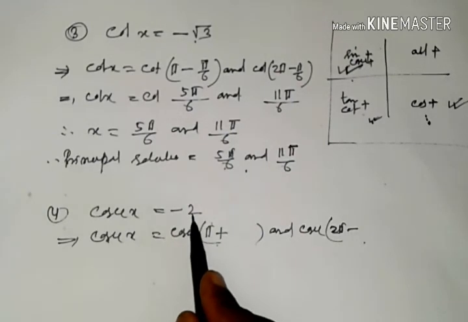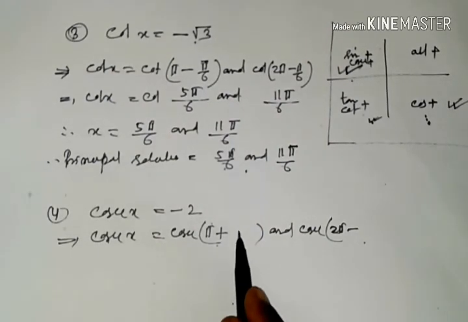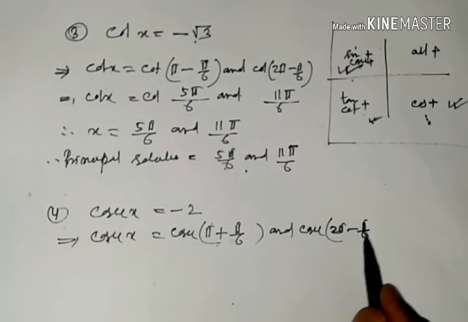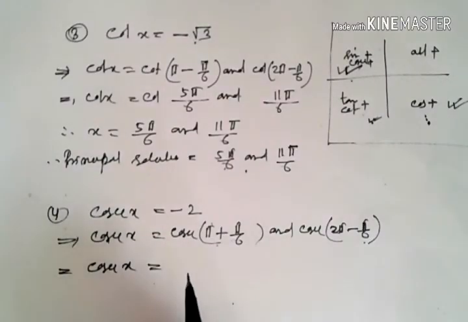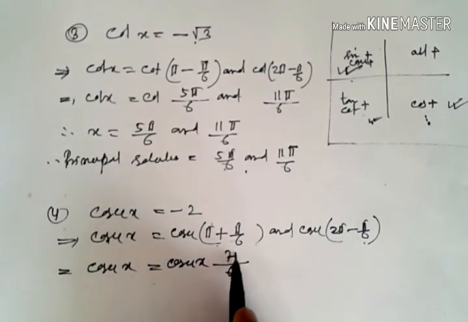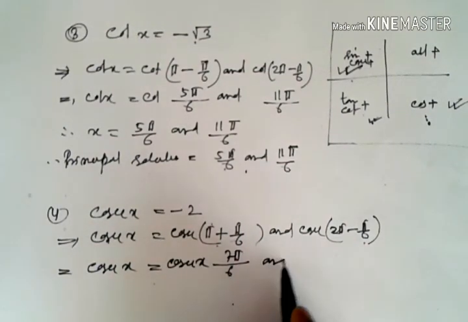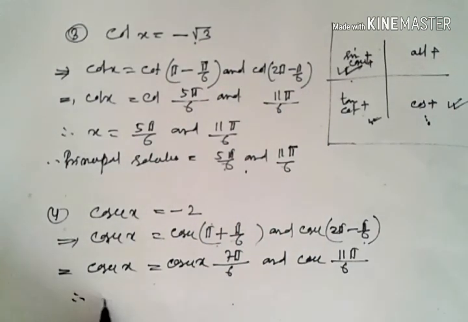Cosec 30 degree, that is pi by 6, is 2. Therefore x is equal to 7 pi by 6 and 11 pi by 6.